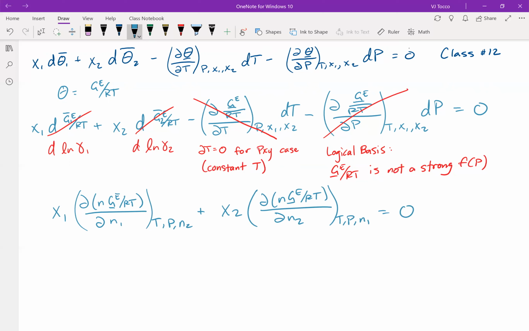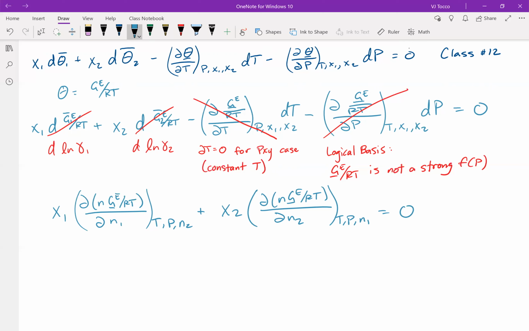And here, this is the constraint equation. So this is a convenient form of the Gibbs-Duhem equation to evaluate whether or not your activity coefficients are thermodynamically consistent. So at this point, I didn't actually have to do this step. This step is just showing you another form of what the activity coefficients are.